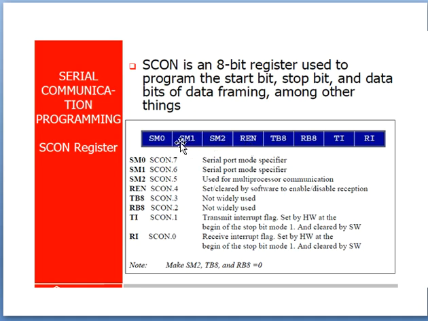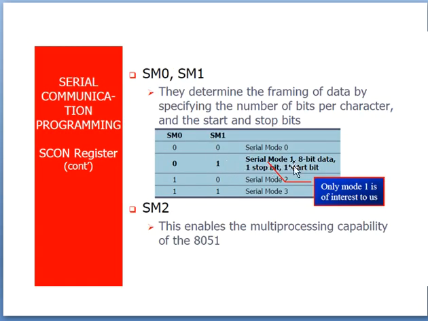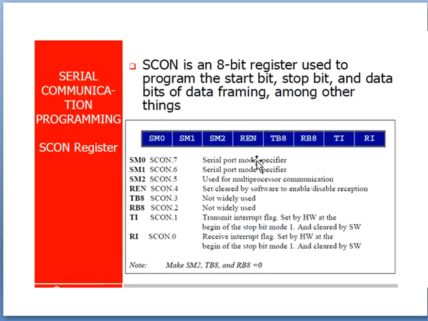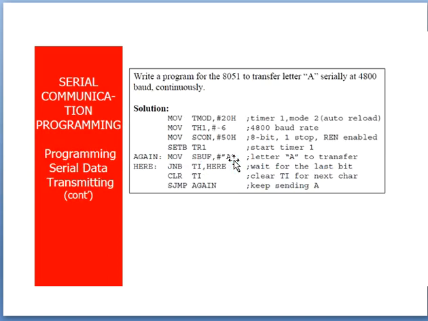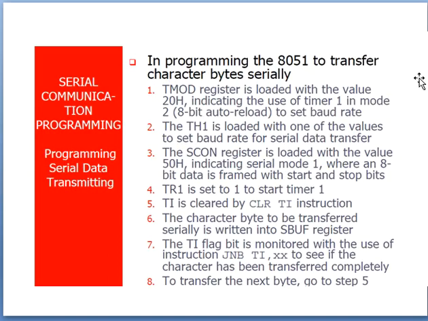Here 01 will take you to mode 1, as discussed, the 8-bit data mode, where it has one start bit and one stop bit, and REN = 1 means it can receive the data. That is how it is set. We set 50H for SCON, indicating serial mode 1, where 8-bit data, one start bit and one stop bit are used.